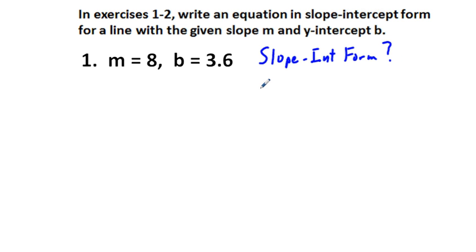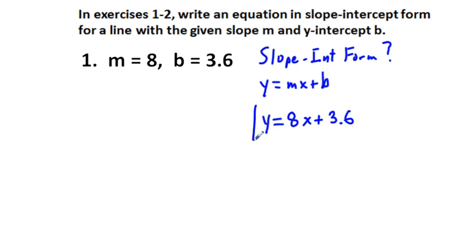Well, that's going to be y equals mx plus b. The m is the slope, the b is the y-intercept. So our answer to this problem is y equals m, which is 8, x, our variable or independent variable, plus b, which is 3.6.